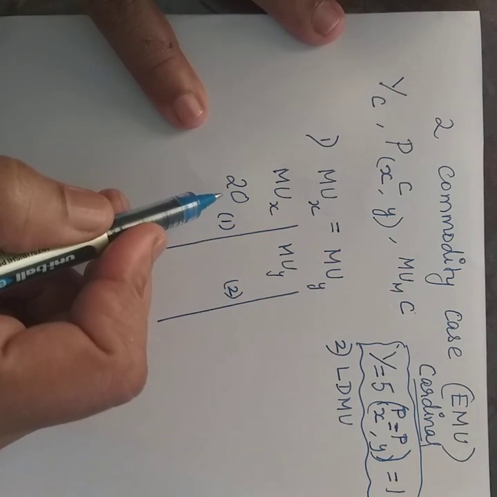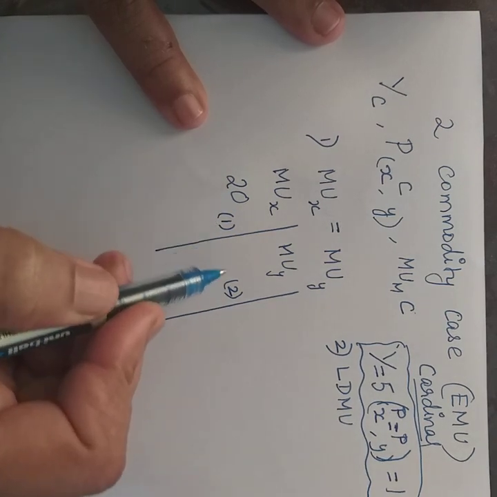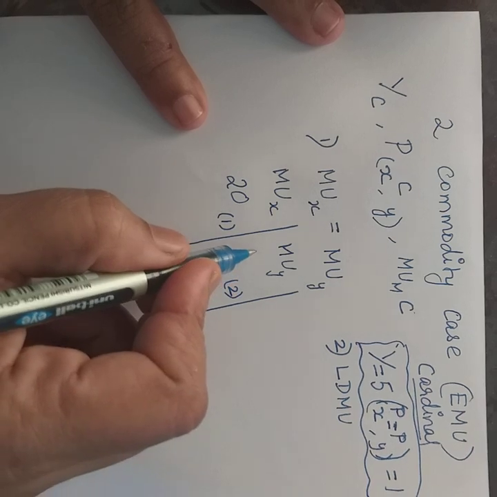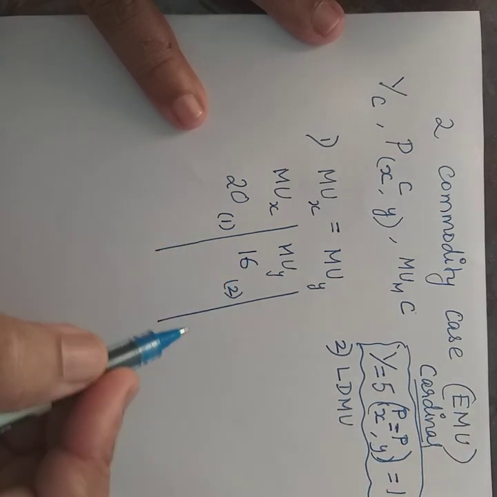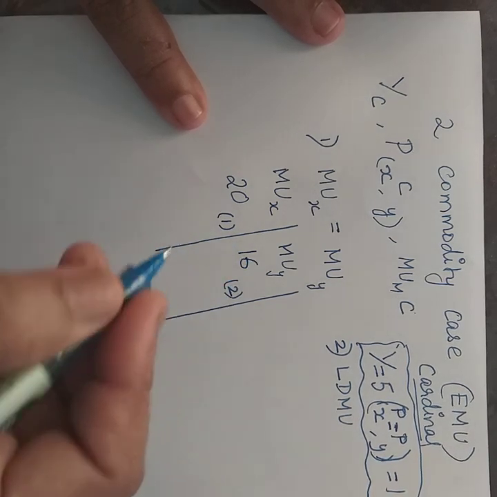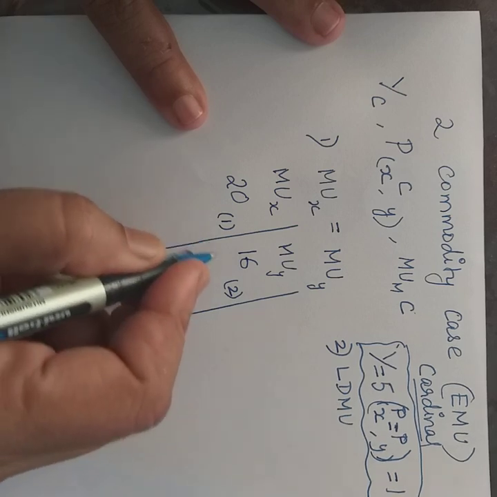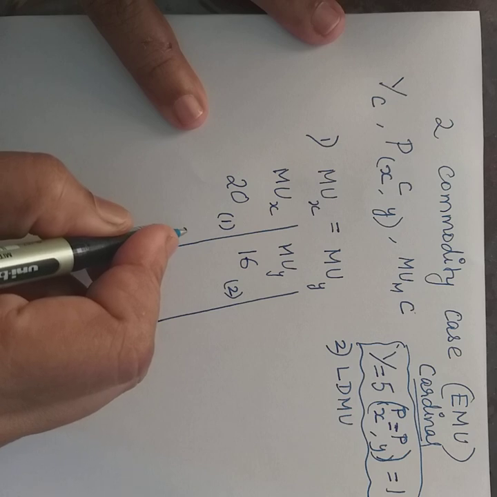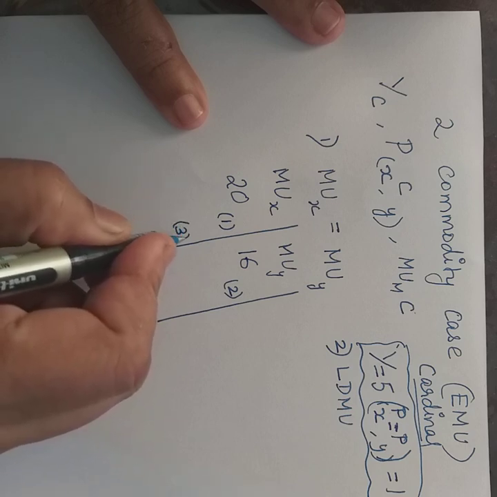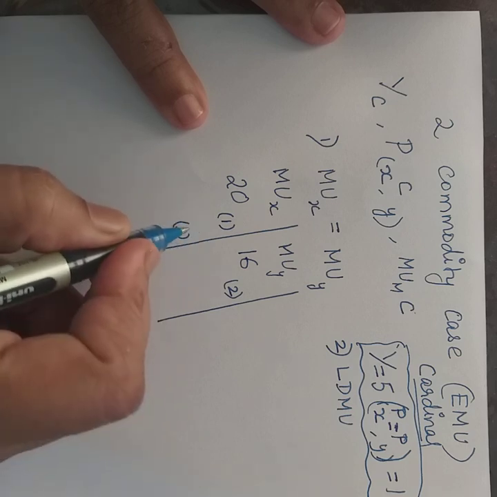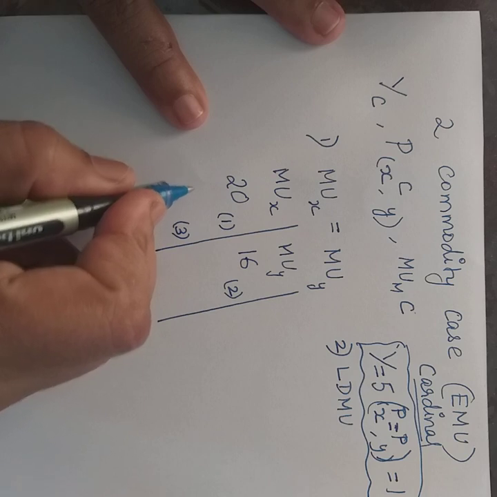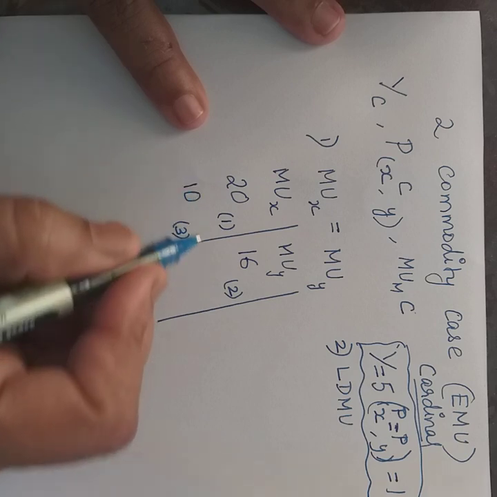So 20 utils for the first rupee spent, second rupee spent might be giving 16 utils, third rupee, let's assume the consumer continues to spend, and maybe this time on X commodity the third rupee is going to be spent here, that is going to give 10 utils, right?